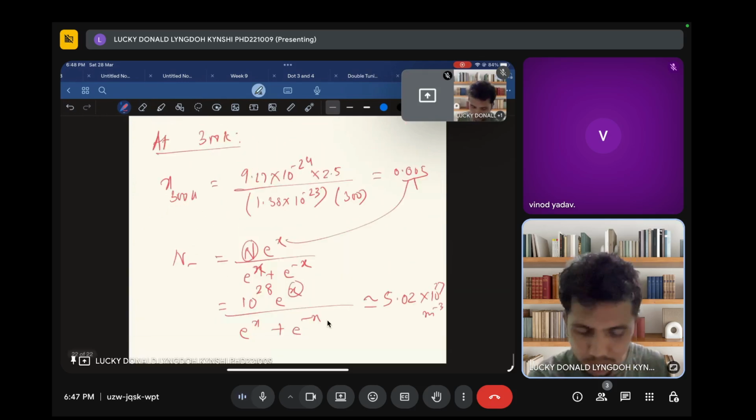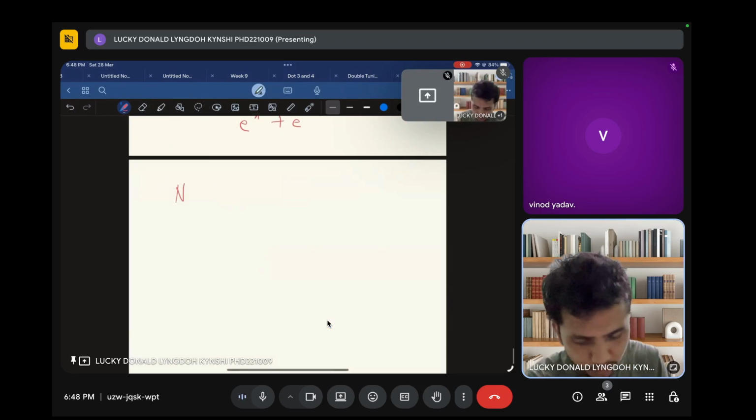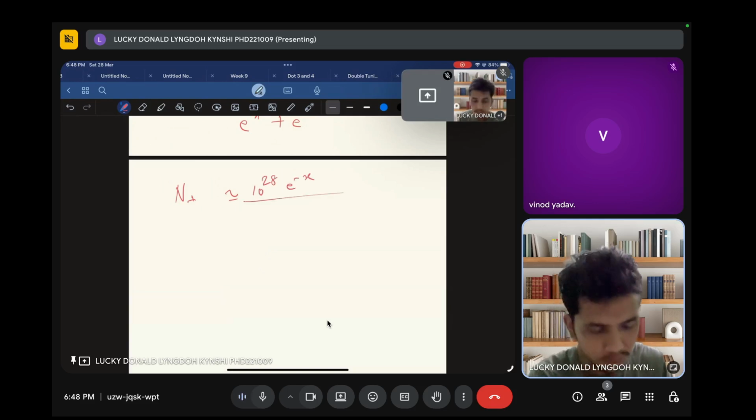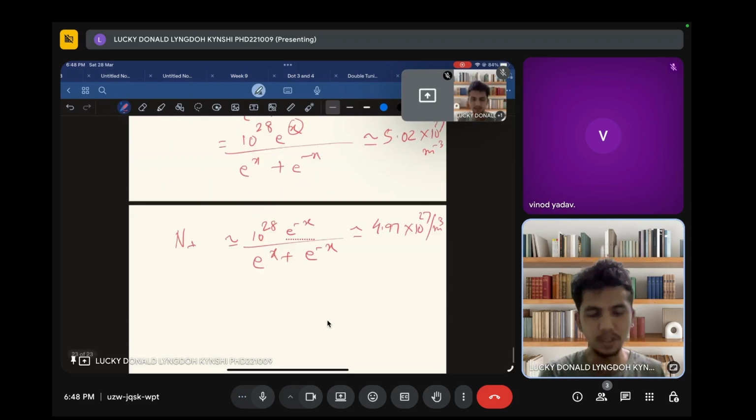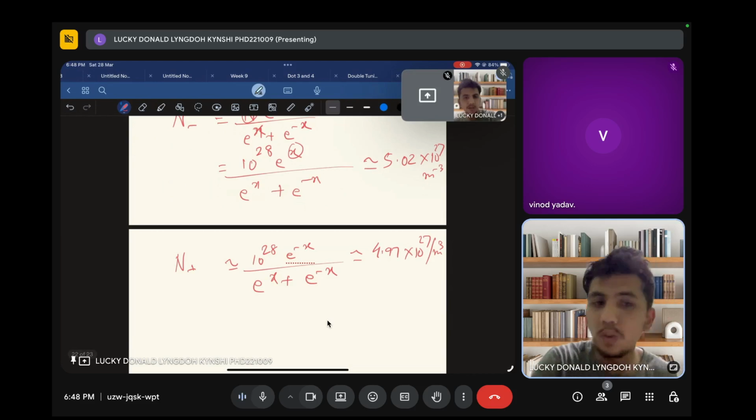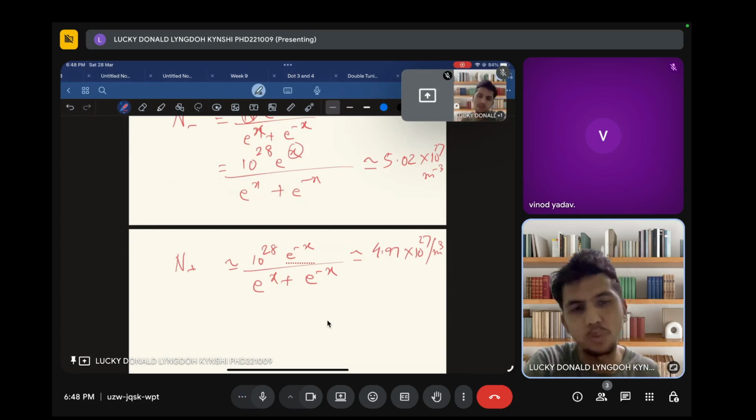Similarly, n plus, you do the same thing. So n plus, you get approximately 10 to the power 28 e to the power minus x. There's a difference, only the negative sign, e to the power plus x and e to the power minus x. This is approximately equal to 4.97 into 10 to the power 27 per meter cube. Okay, so that's it. Once you know n plus and n negative, which we have already derived, they have given you the number of atoms, and then you can substitute the value of μB by kT at different temperatures.